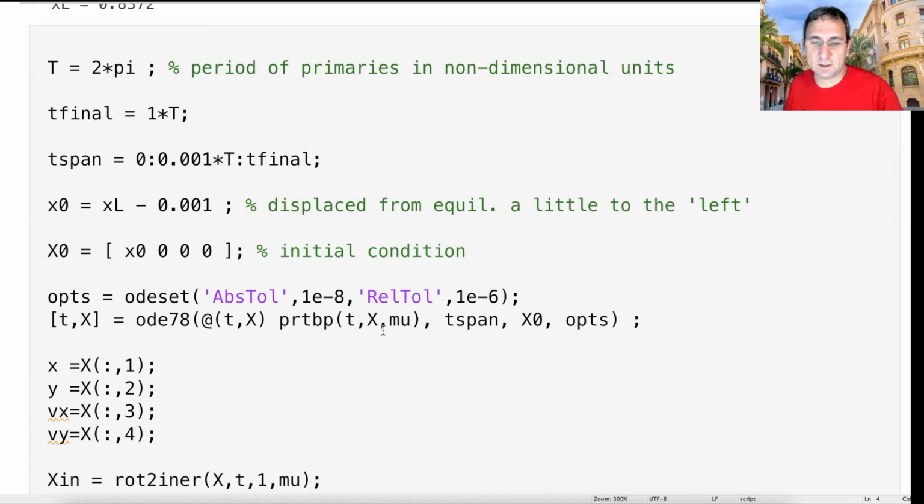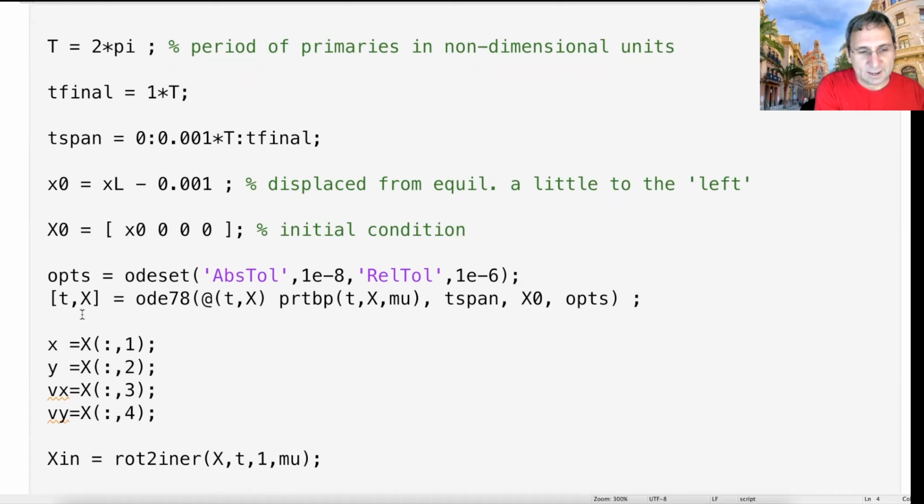And then you can pass a variable. In this case, I'm passing mu, t-span, the initial condition, and then the ODE options. So this simulates that.